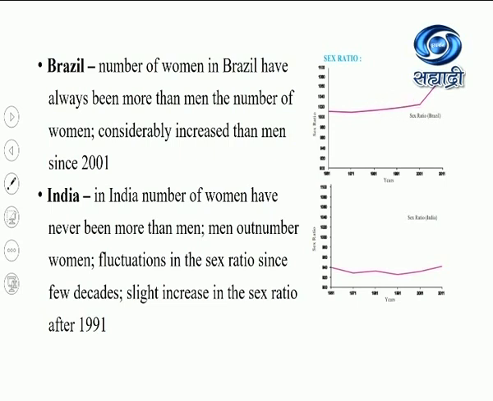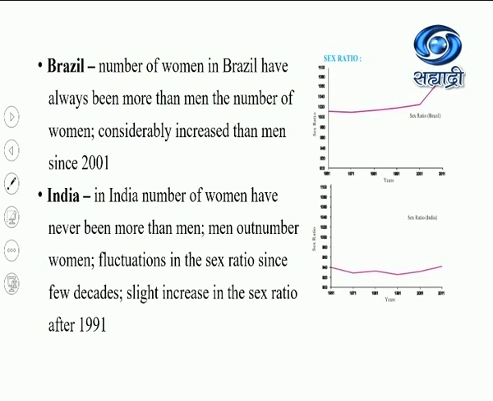And after 2001, it has increased considerably. So the number of women is more than the number of men in Brazil, and it has been increasing considerably from 2001. Again, this is according to the 2011 census. In 2020, definitely this ratio must have changed.